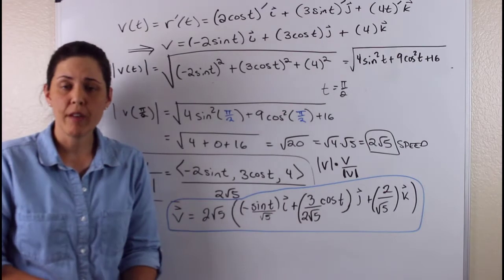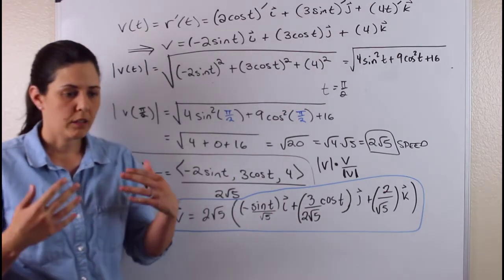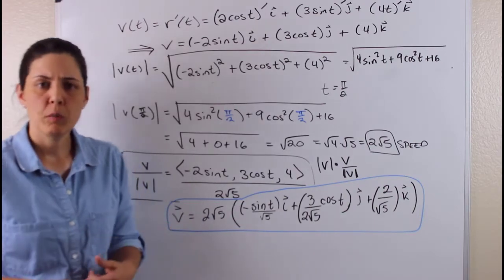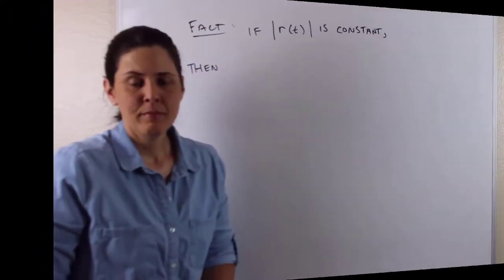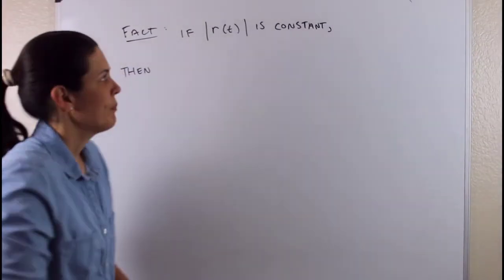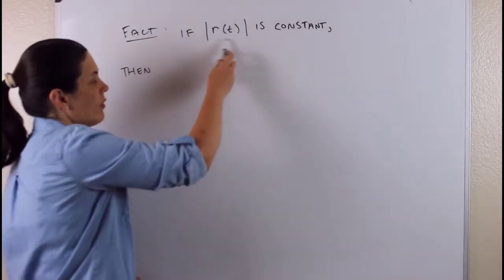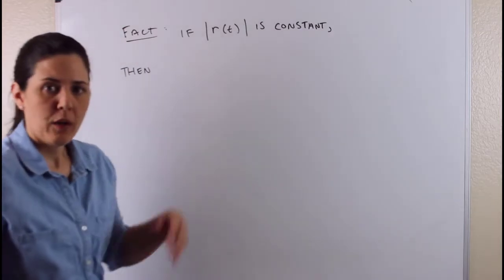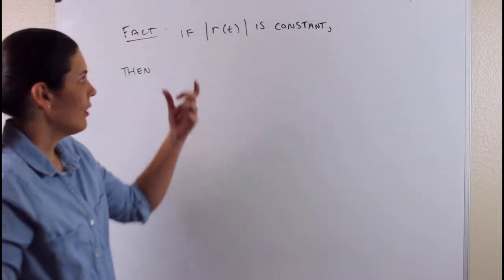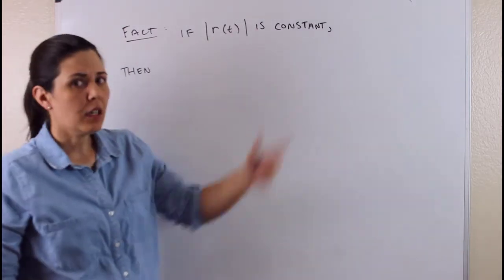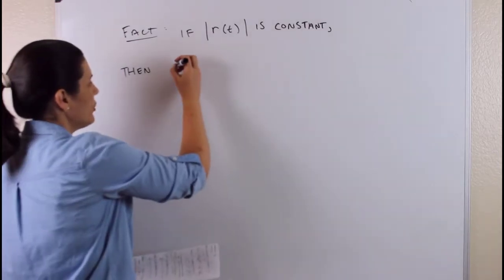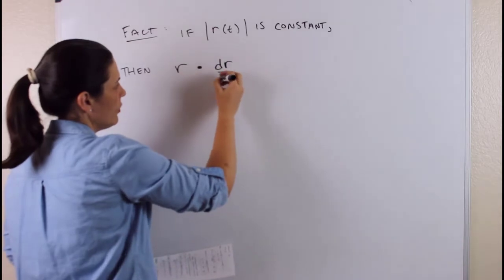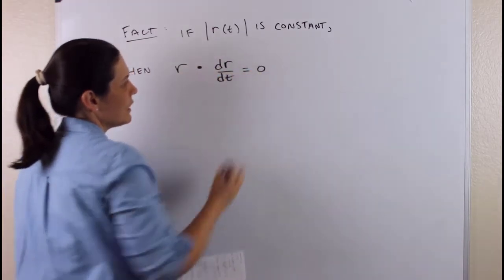Okay, let me give you a fact about when you have a position function that's constant, and then we'll do one more example. So here's this fact. If the magnitude of the position vector is constant, so remember that would represent length. So if the length of your position vector is always constant, then the following is true. When you dot the position with its derivative, you're going to get 0.